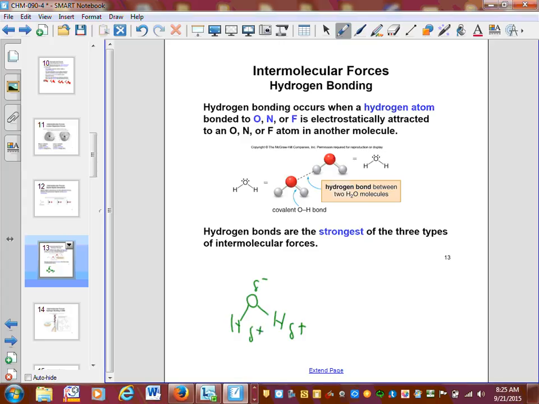So if another water molecule comes up, we just look at the partial positive here. The dotted line symbolizes a hydrogen bond. It's not as strong as a regular covalent bond, but it's pretty strong. So we can have one here, we can have one here, and so forth, anywhere an oxygen can be attracted to a hydrogen.